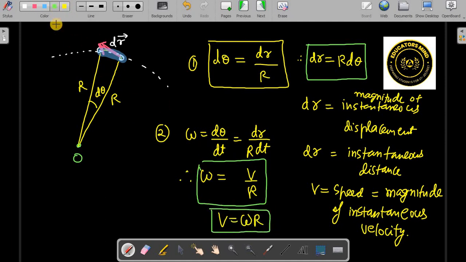Then the third relation will be when you calculate alpha. Alpha will be d omega by dt. So here in the same way you have to do dv by dt and the r factor will come out.